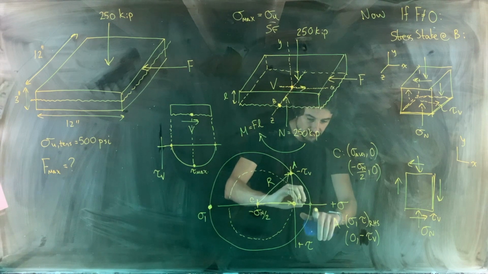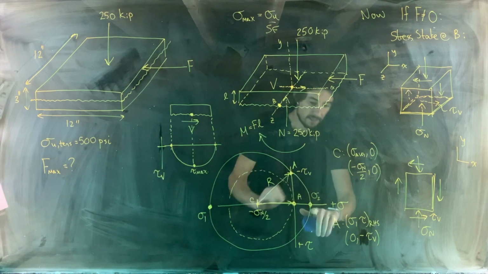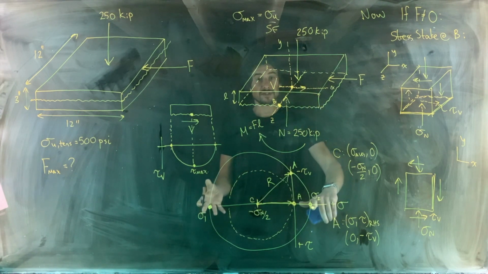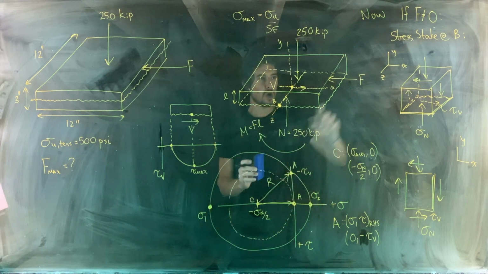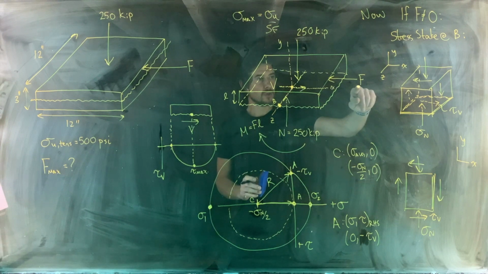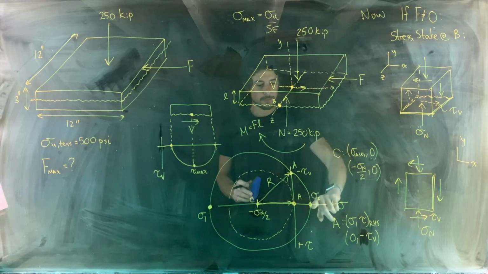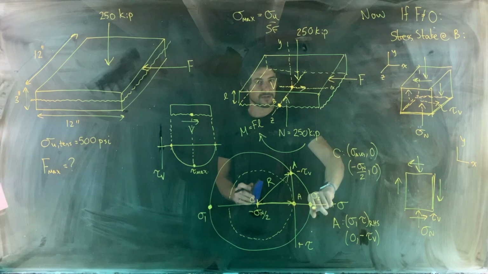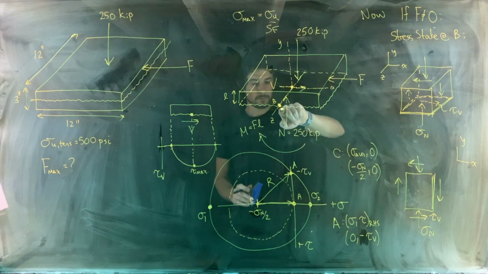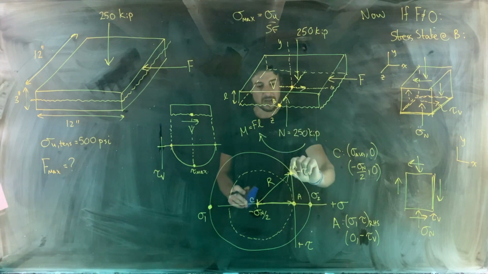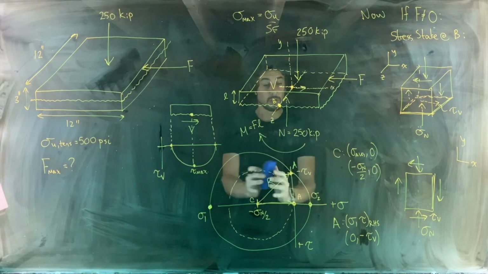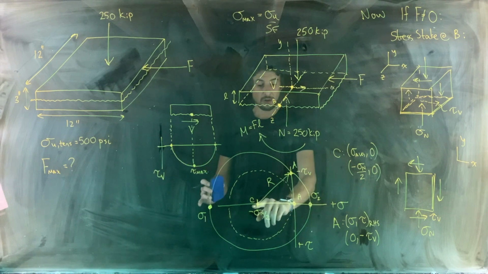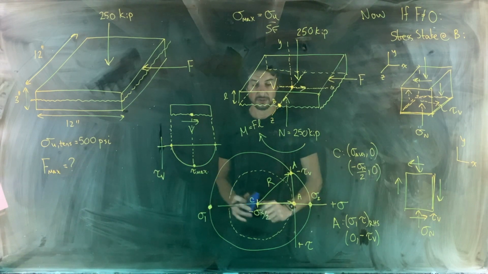The second principal stress, sigma 2, that's the largest tensile stress that occurs at point B. So this is why when we add load F, we end up introducing tensile stress at point B, right? Because we take point A and relative to the situation where F is 0, we're moving that upwards and we're expanding the circle while leaving its center location at the same position.